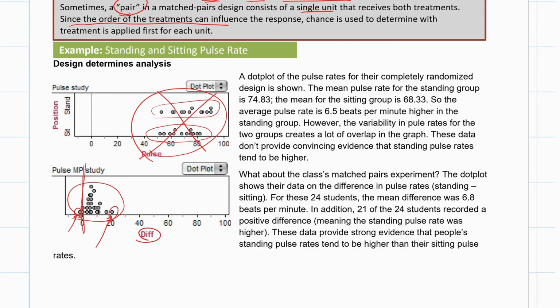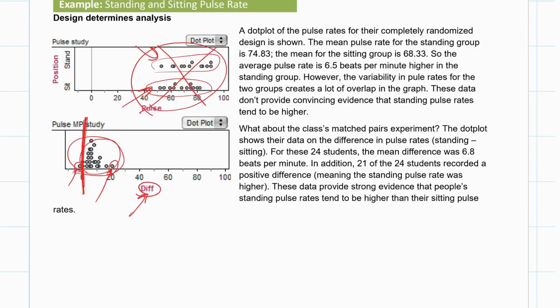I would have expected the difference to be zero, but clearly for the vast majority of the data points, the difference is bigger than zero. So when we look at matched pair experiments, it's important that we look at the difference in the outcomes in the individual pairs, not the overall results from the separation.